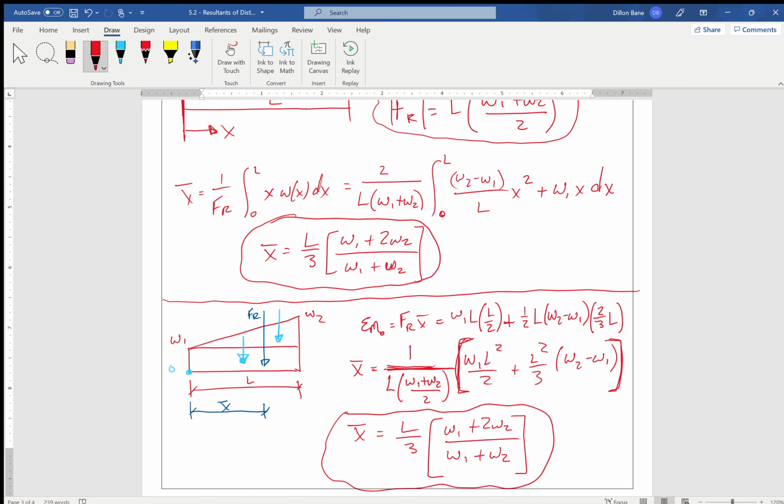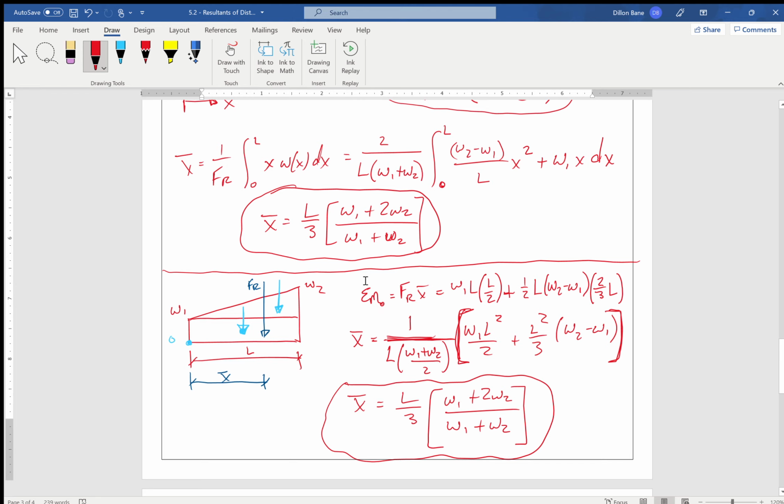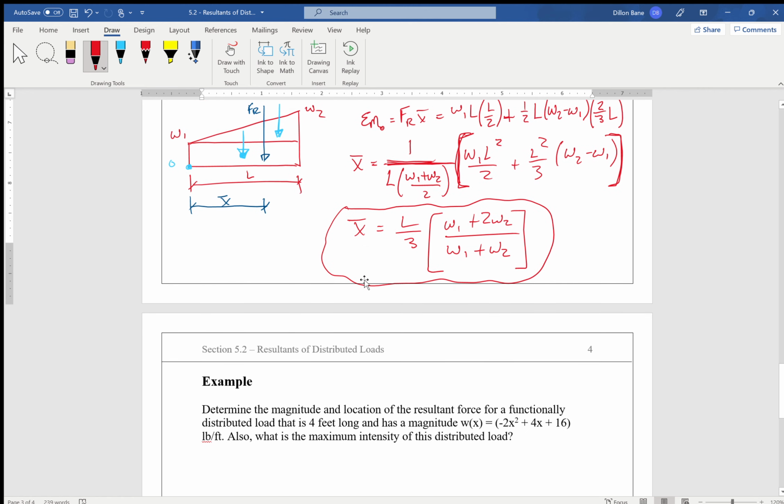So this method that we did down here in the bottom, where we broke it up into two different types of loads, will probably be the most efficient and most effective method for dealing with trapezoidal loads. All of this will make more sense once we start putting in some applications.